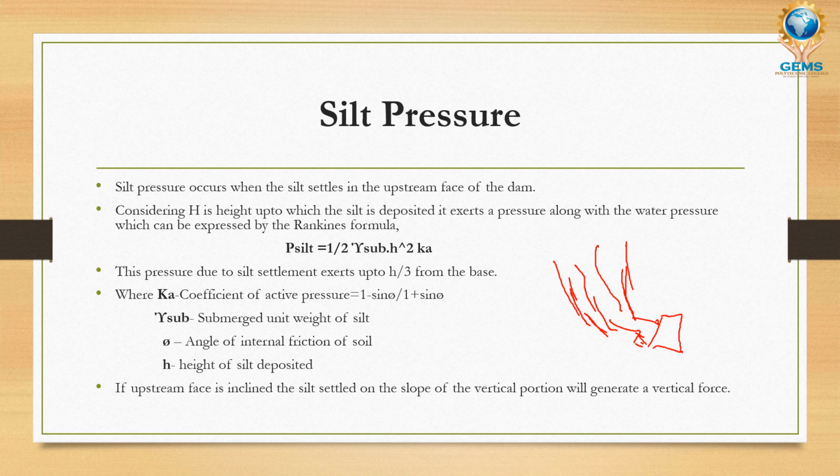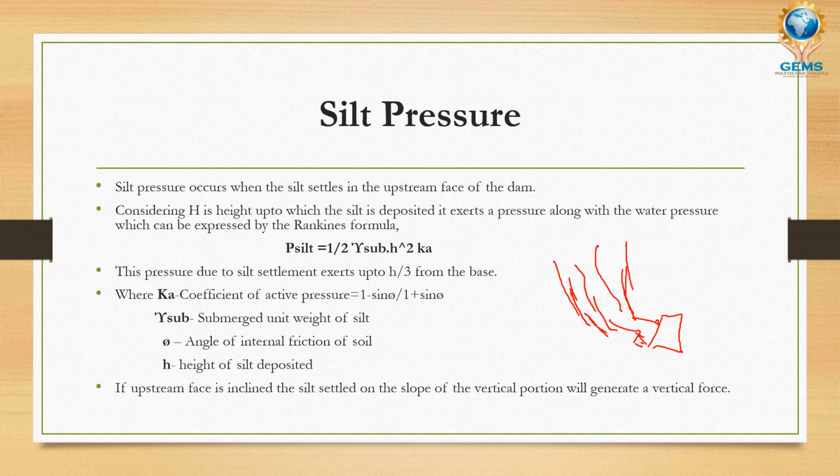This upstream portion is generally deposited with more silt during the rainy season, because rainy seasons cause most of the water to be pushed away with a greater amount of pressure. This causes more silt to be deposited at the bottom portion on the upstream face.